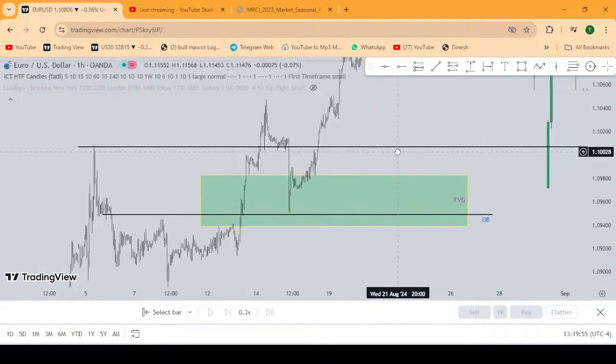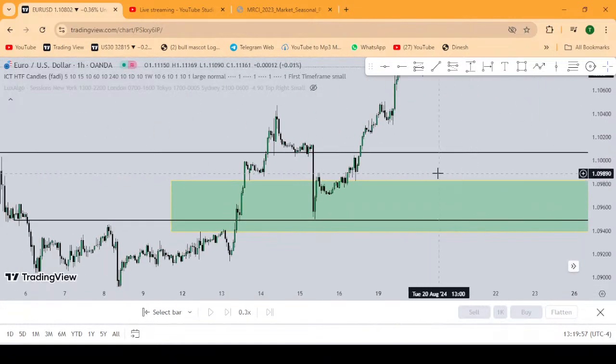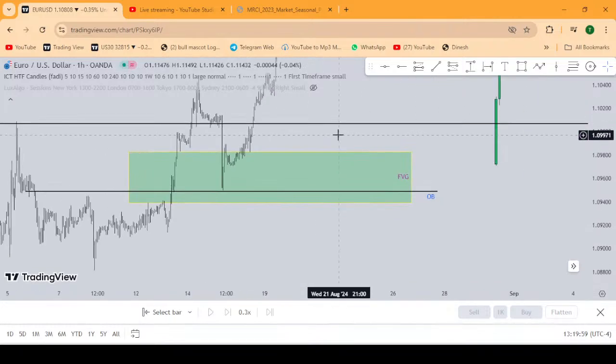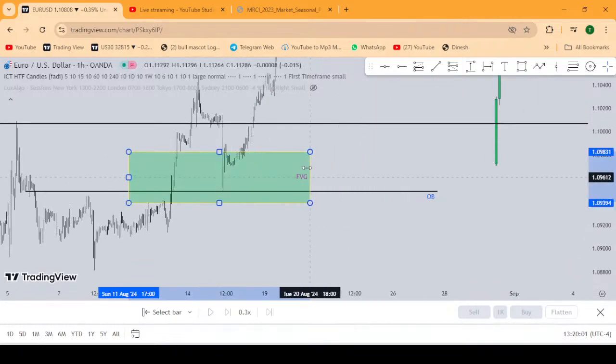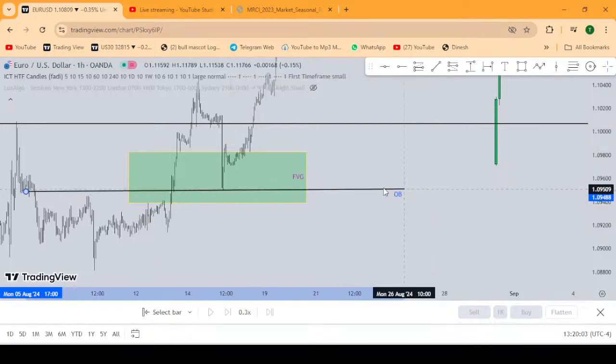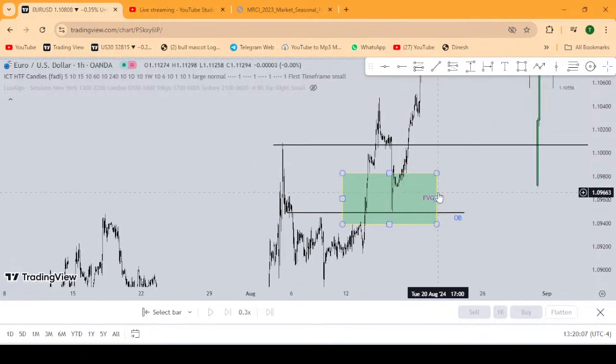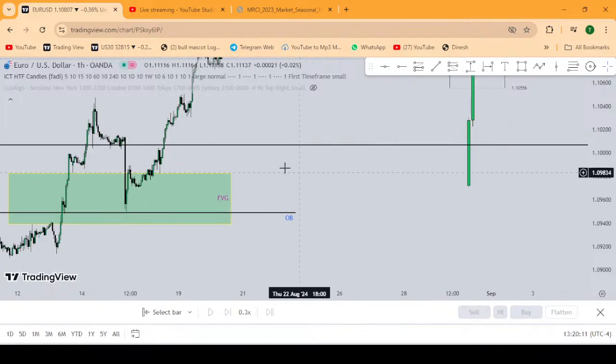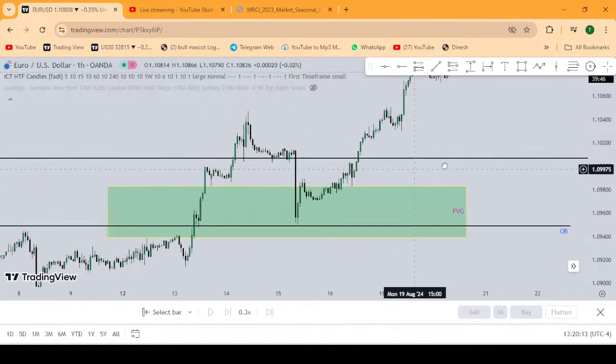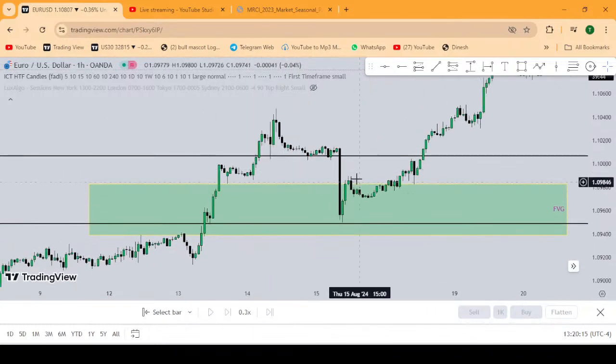So what happens is, this is the FVG that we marked, okay, and this is the order block that we marked. So our interest was to let price come and react on this fair value gap or on this order block. Now, after price reacts on this zone, what is our next interest? Now, this particular day began from 17, right?